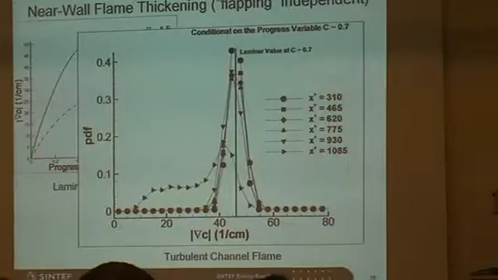Your reaction surface, and if you count that as a thickness, depending on how you calculate the gradient of C, well, the gradient of C at C 0.7. But there you have a parallel flame.